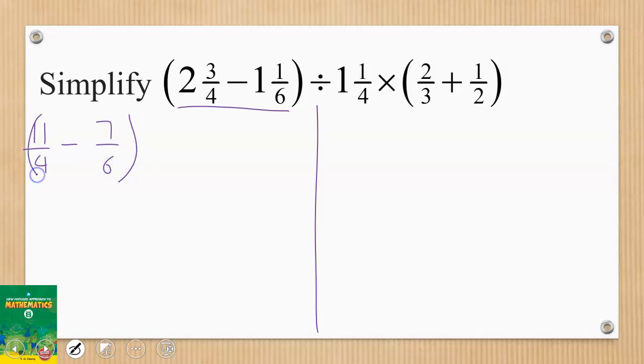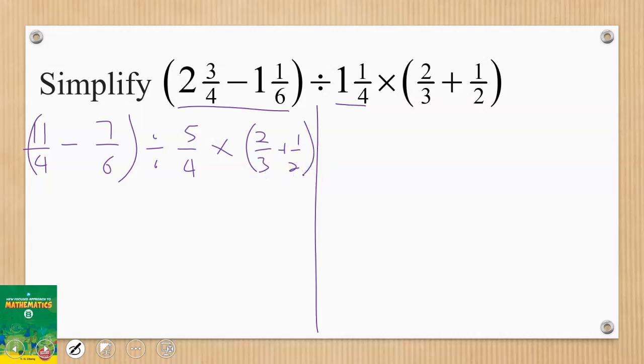So put that into a bracket. Then divided by 1 1/4, which is the same as 1 times 4 plus 1. So we have 5 over 4. Then times a bracket. We can find this one as 2 on 3 plus a half.